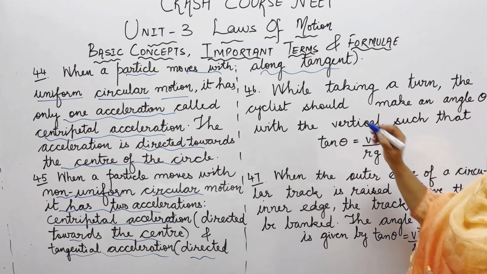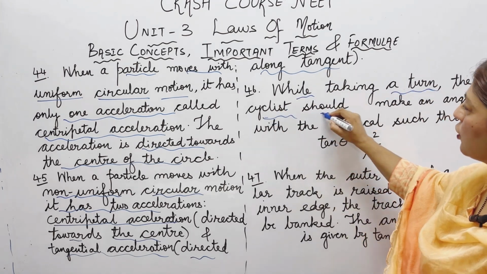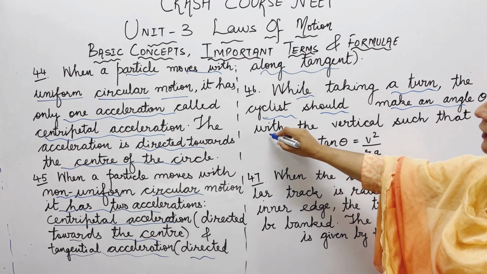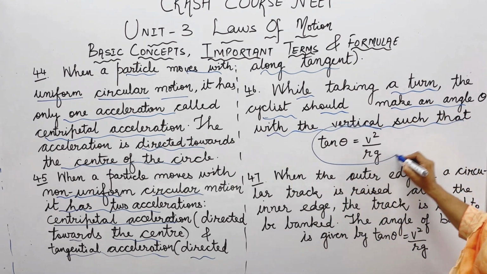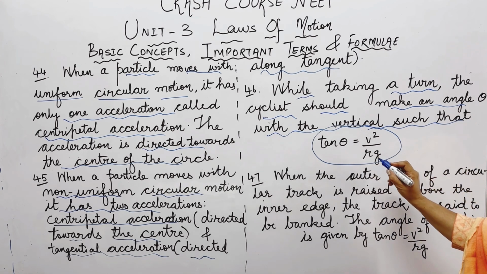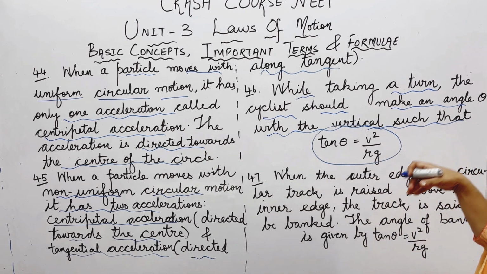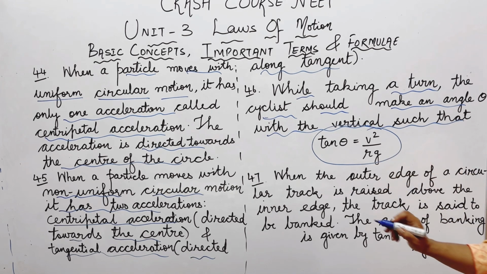The next point is, while taking a turn, the cyclist should make an angle theta with the vertical such that tan theta is equal to v square by rg. V is the velocity, r is the radius of the arc that it is making, and g is the acceleration due to gravity.